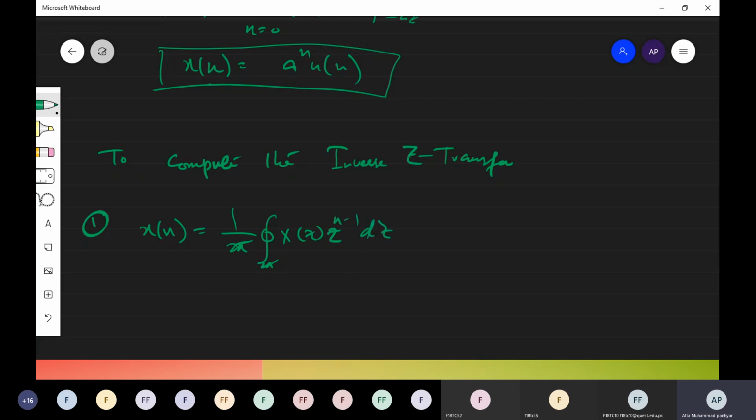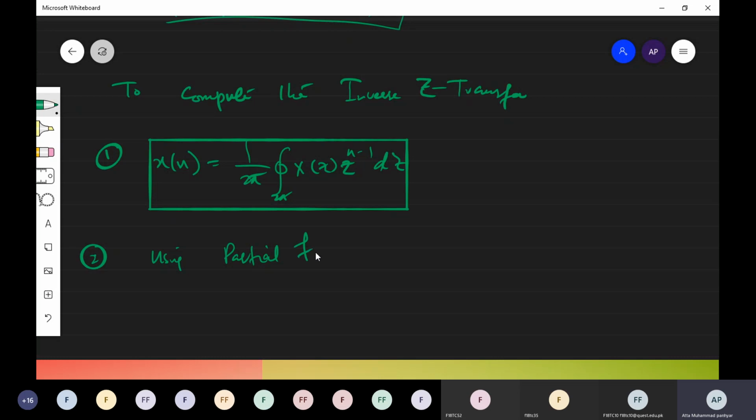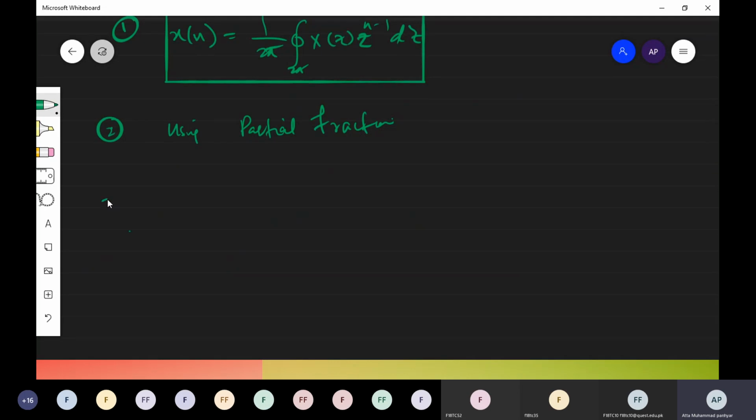That is a complex method, so we have excluded it from the course. If you wish to learn, I will put the link in the description and you can learn it by yourself. The second is using partial fraction, and the last one is using the long division method.